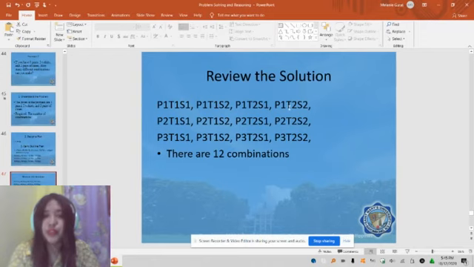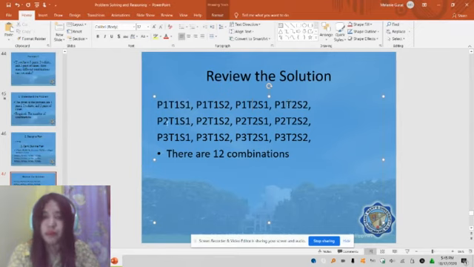And then you have to review the solution and find out if you missed something. So to determine the number of combinations, you have to count the combinations you have listed. So we have 1, 2, 3, 4, 5, 6, 7, 8, 9, 10, 11, and 12.